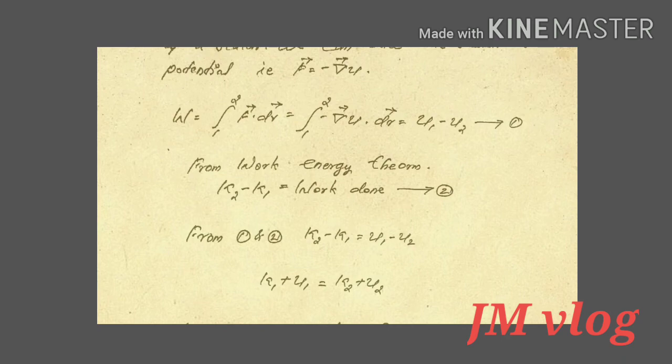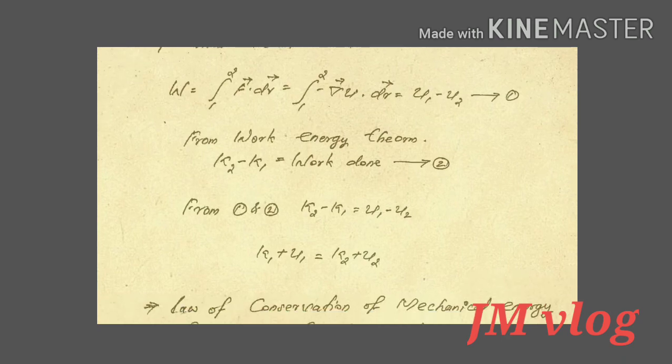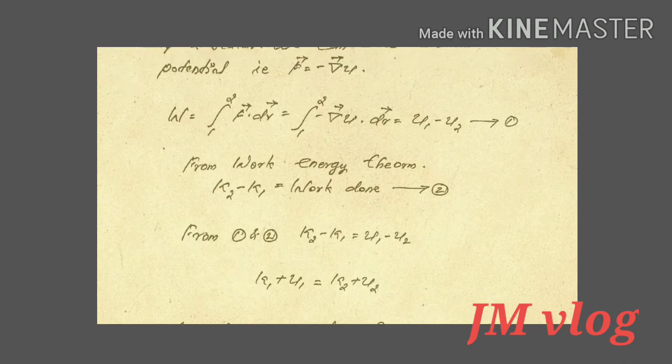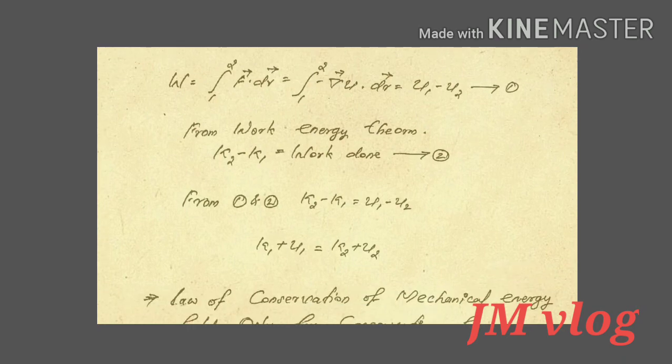We substitute the value of F here, which is minus del U. I get integral 1 to 2 of minus del U dot dr. While integrating, I get U1 minus U2. That means we get work done equal to change in the potential energy.